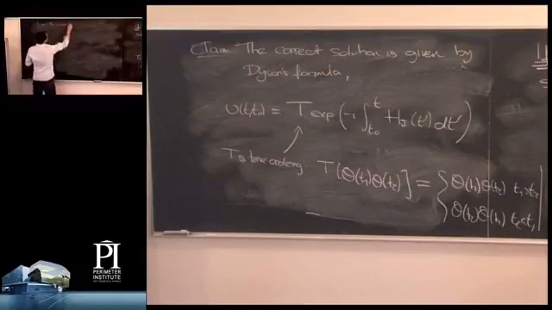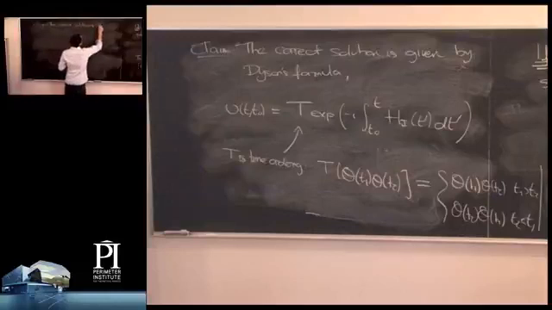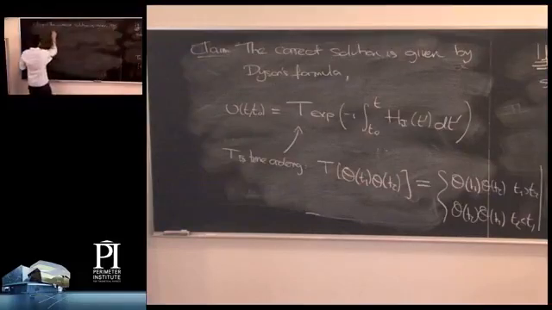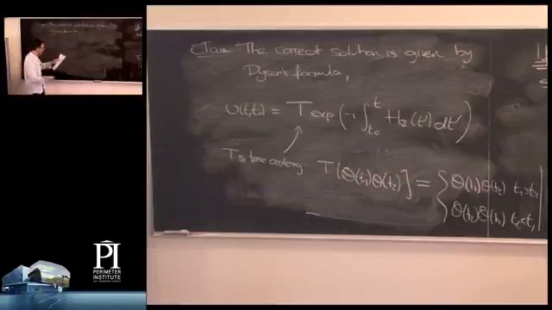So the correct solution is given by Dyson's formula. Although, like many things in quantum mechanics from back in the day, this was first figured out by Dirac.